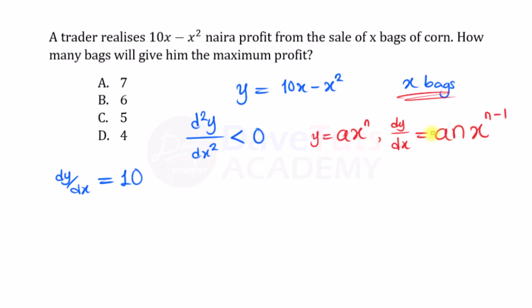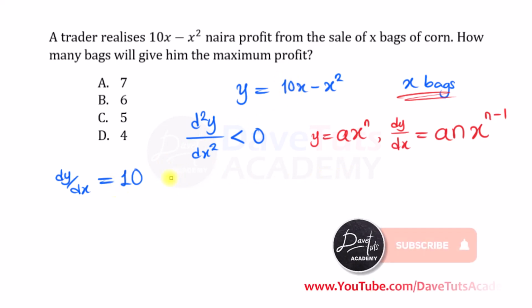Students, you're supposed to know this: the power of x itself is 1, the coefficient a is 10, so we have 10, then 10 times 1 is still 10, the variable x to the power of 1 minus 1, which is 0, so x to the power of 0, and any variable raised to the power of 0 is 1. So that's why the differential value of 10x is 10. And then for our negative x squared, that will just be 2x.